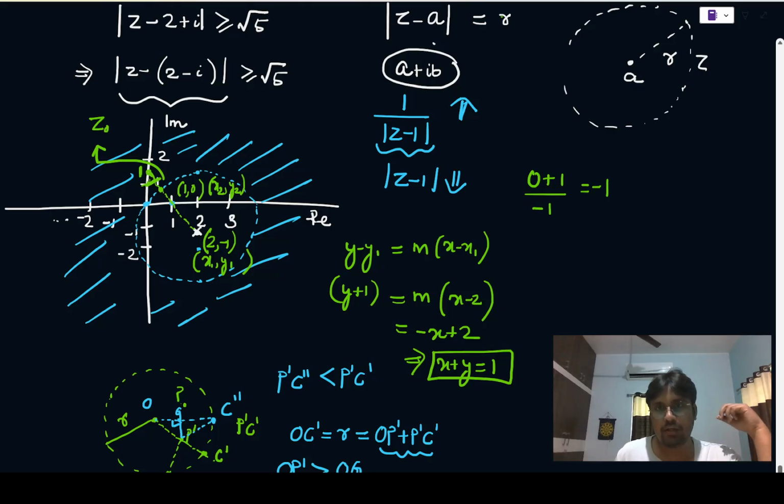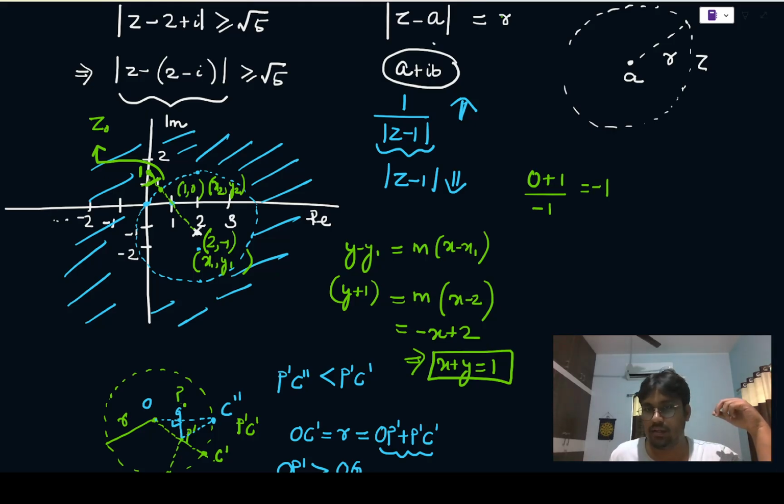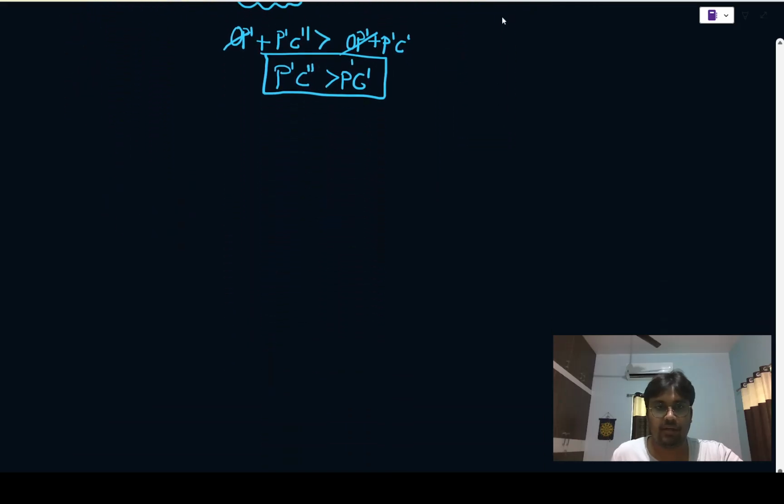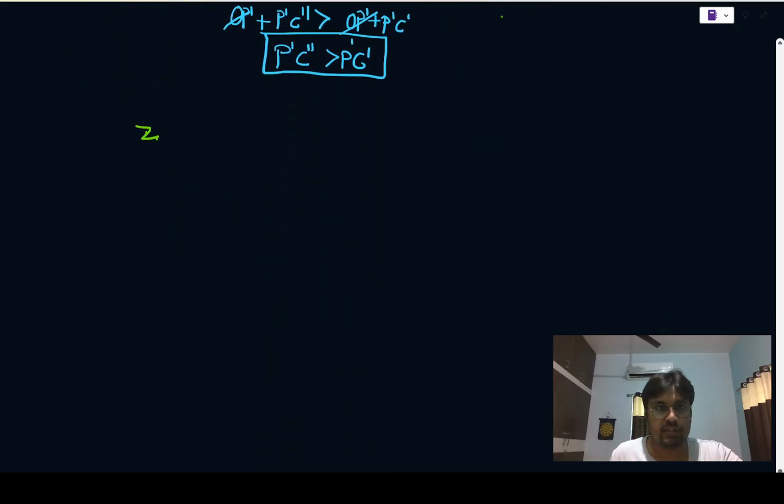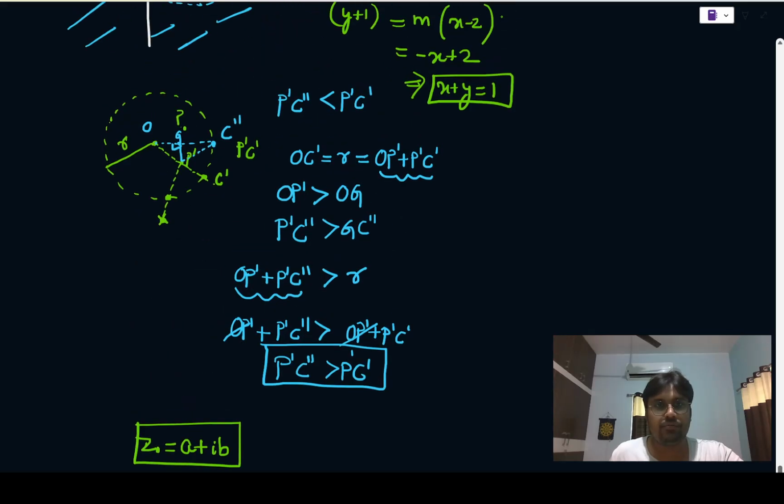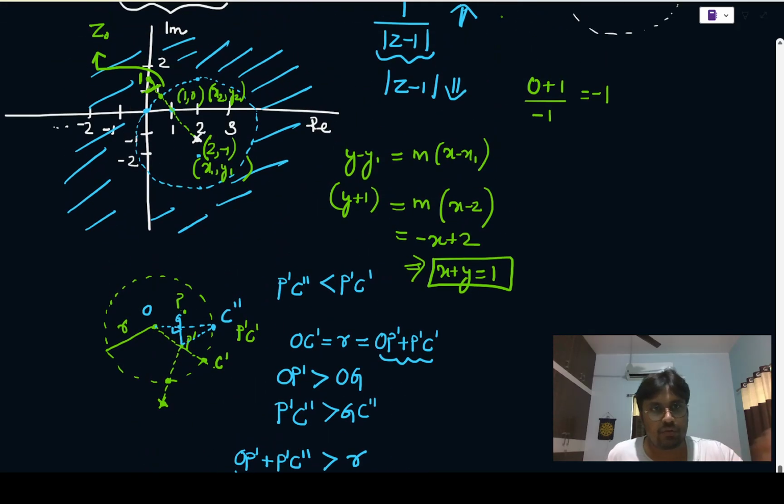So this particular point z naught, let me take z naught as some a plus iota b and do the math here. So let's say z naught was a plus iota b. Can I make a few observations on z naught? So the first thing is this b.